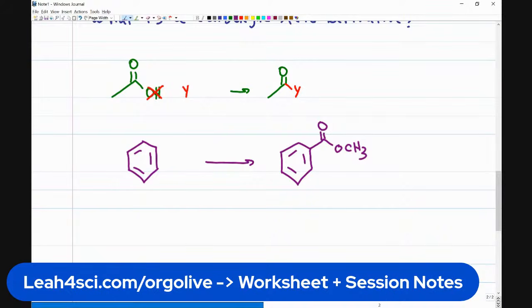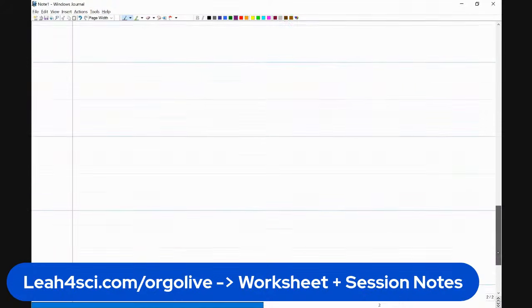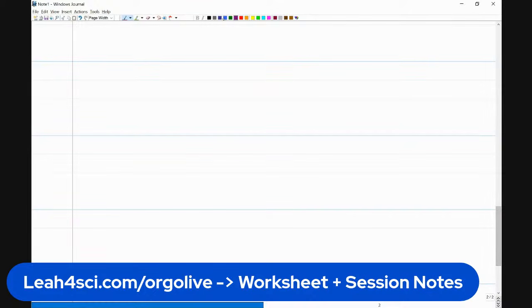So let's learn about derivatives, starting with the most reactive one, the simplest one, and that is an acid halide. When you hear the word acid halide, what comes to mind? The acid part is telling us that it's a derivative of the carboxylic acid, but instead of the OH, I'm going to put a halide, a halogen.